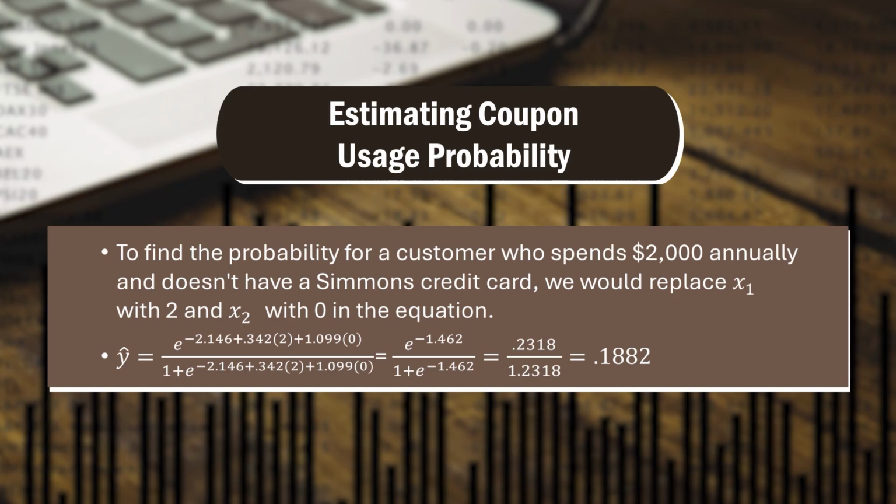Now, since we have the coefficients b0, b1, b2 from the software, we'll put them in the equation, and you will see we are finding it for a customer. This customer has spent $2,000 annually, and this customer doesn't have the Siemens credit card. So we replace x1 with 2 because it is in thousands, so for 2000 we write 2, and we replace x2 by 0.